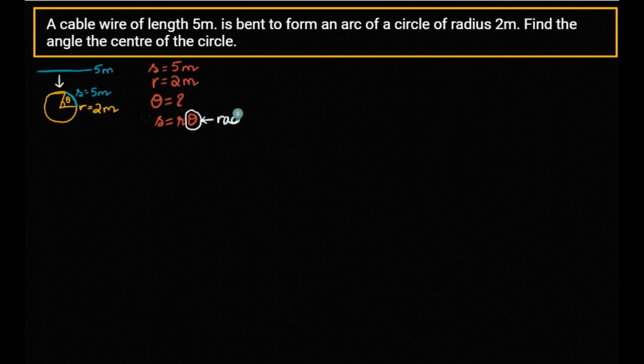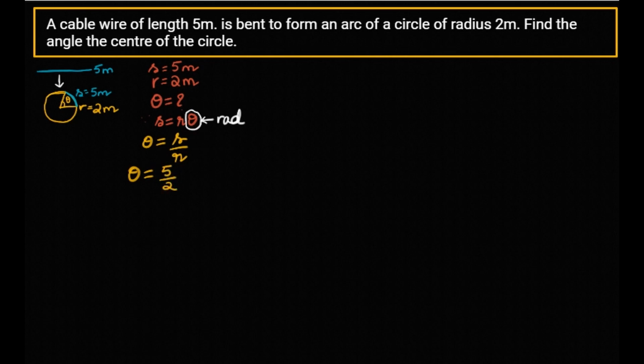So let us substitute the values and find the value of theta. So this equation can be rewritten as theta is equal to S divided by r. So therefore, when we substitute the values, we get theta is equal to 5 by 2.